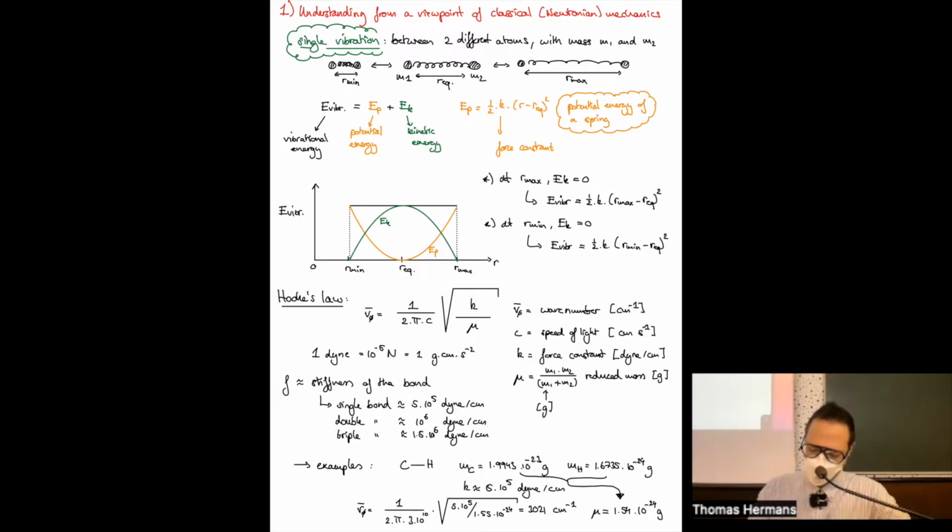Okay, so there are different ways to try to understand what we measure and why we get any signals. And the first one is understanding from a viewpoint of classical Newtonian mechanics.